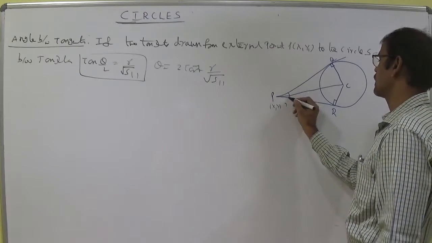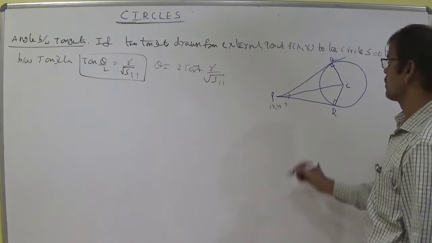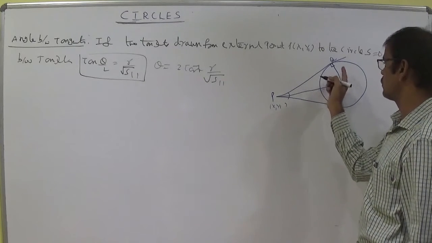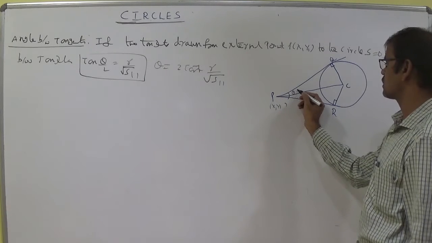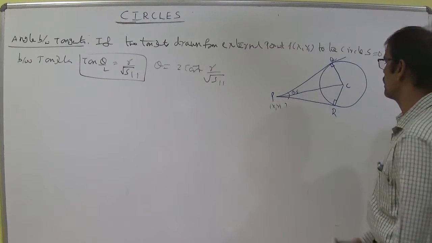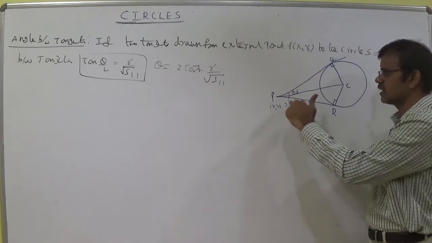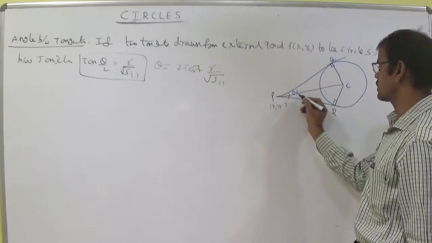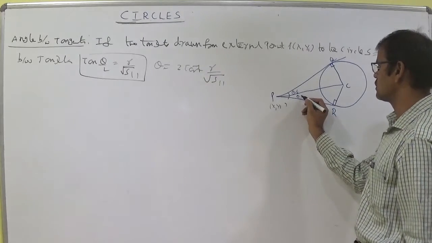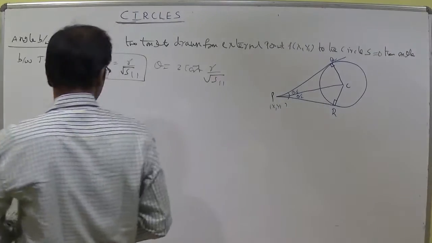Here PQ and PR are tangents, the full angle is theta, the full angle is QPR. If you draw a line from center C to P, the line cuts the angle in two parts. Of course, it is nothing but the angular bisector. So you can write here, this is theta/2.